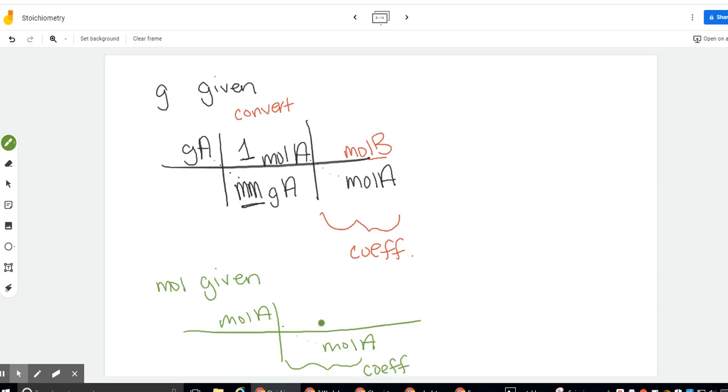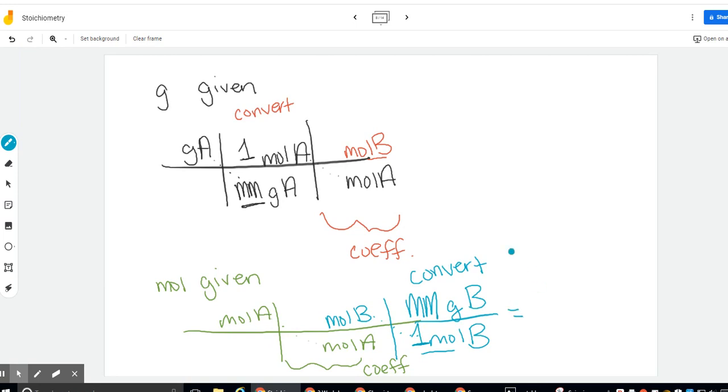Okay, so we're going to go from moles of A, we're going to change right into moles of B. Those words come down to the right. And then we're going to convert into grams of B. So this is a convert step. Remember, your conversion is always a 1, no matter what, and this is a molar mass. Okay? Don't forget, you are multiplying across the top and divide, divide. Multiply across the top, divide, divide, and that's how you're going to get your answer.